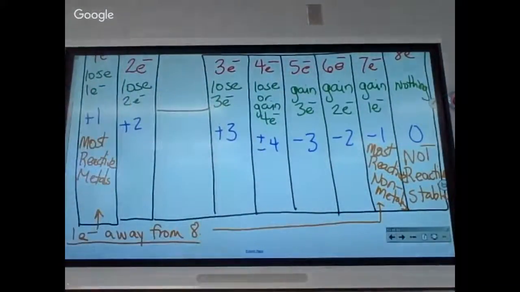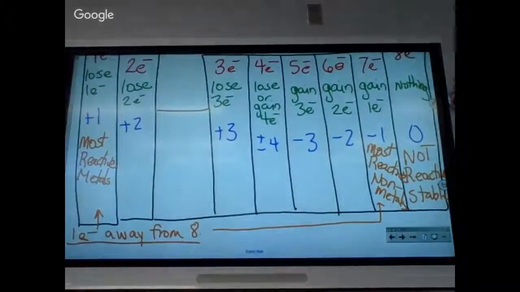The closer you are to 8, the more reactive you are. So group 1 needs to lose 1, and group 17 needs to gain 1. They're the ones that I affectionately refer to as the hosts. Group 1 will give it away to anyone. Group 17 will take it from anyone. They're not picky.